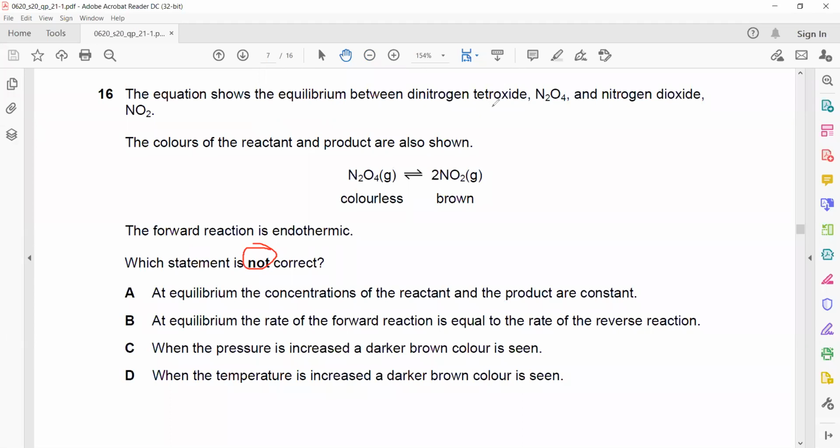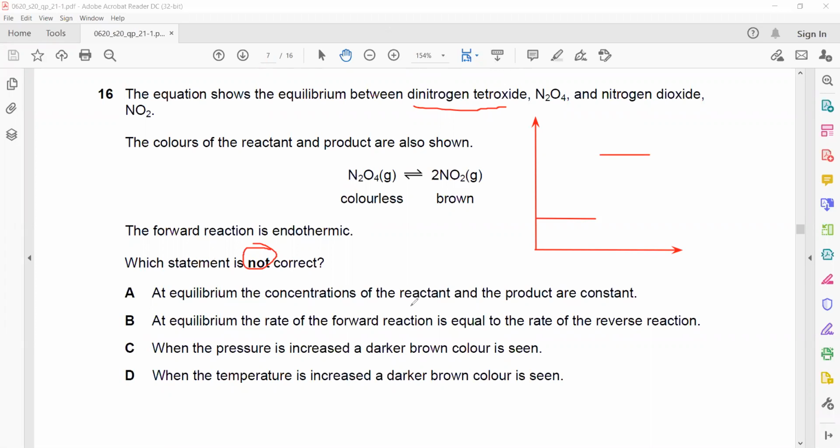The equation shows an equilibrium between dinitrogen tetroxide N2O4 and nitrogen dioxide NO2. The color of the reactant N2O4 is colorless, whereas NO2 is brown. The forward reaction is endothermic. So if the forward reaction is endothermic, it means the reactant has less energy and the product has more energy. So which statement is not correct?